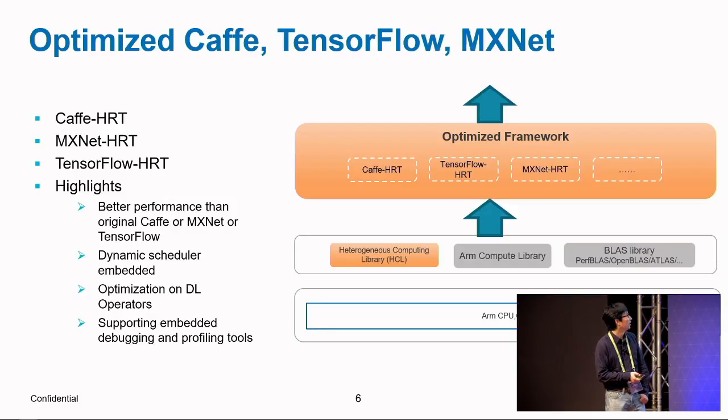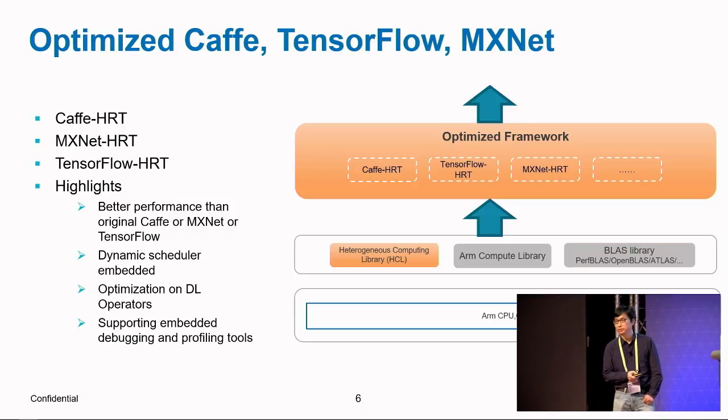So first, we make Caffe to support dynamic scheduler embedded. What does that mean? First, Caffe, we make it support dynamic scheduler between CPU and GPU.